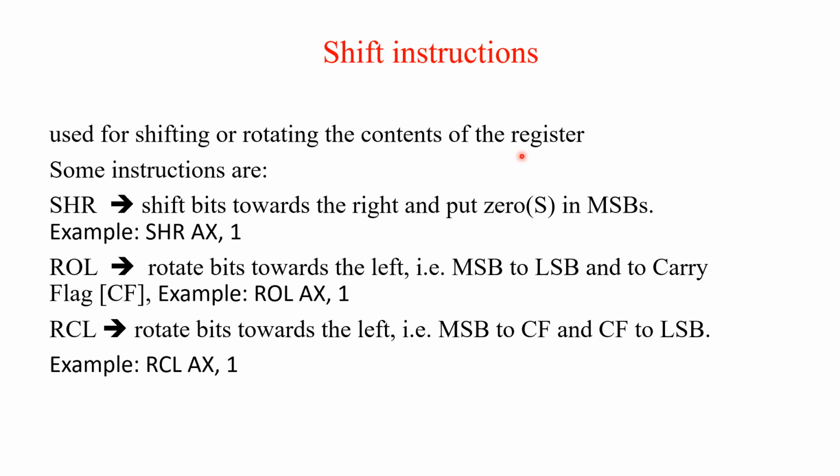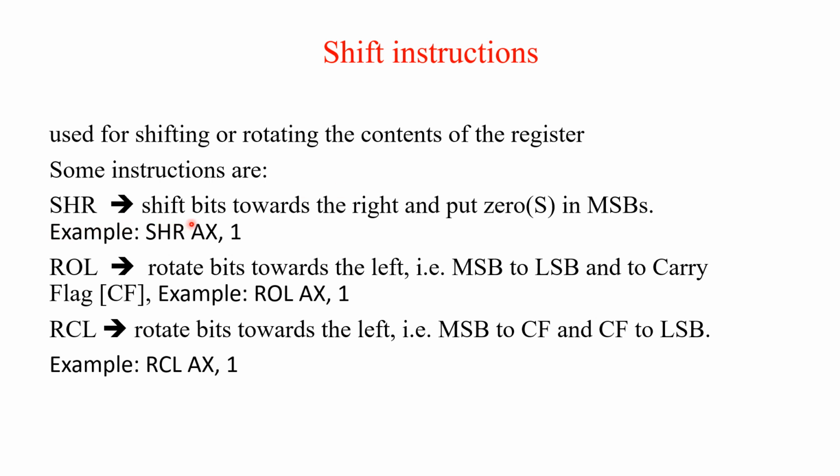Shift and rotate operations modify the bit arrangement within a register. These operations are useful for tasks such as arithmetic calculation and bit manipulation. Key shift and rotate instructions in 8086 are shift right.